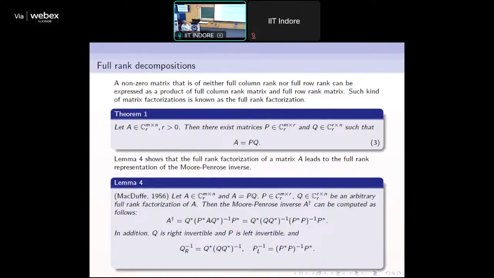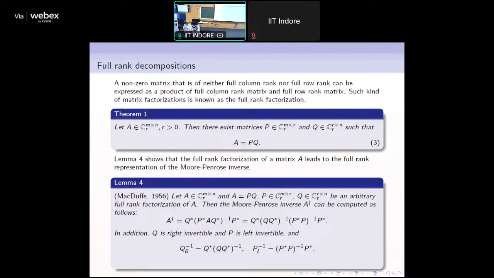For our research here, most important is to mention the so-called full rank decomposition. We have an m times n matrix A of rank r, and then it is possible to find two matrices P and Q such that A is represented as the product of such two matrices.